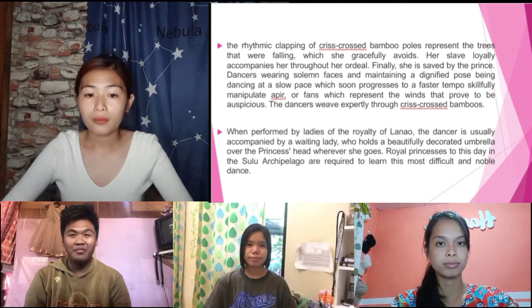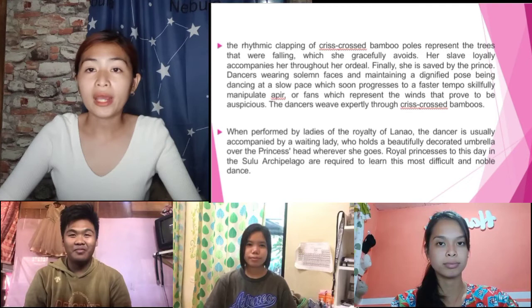Dancers wearing solemn faces and maintaining a dignified pose begin dancing at a slow pace which soon progresses to a faster tempo, skillfully manipulating fans which represent the wind that proved to be auspicious. The dancers weave expertly through crisscross bamboos.